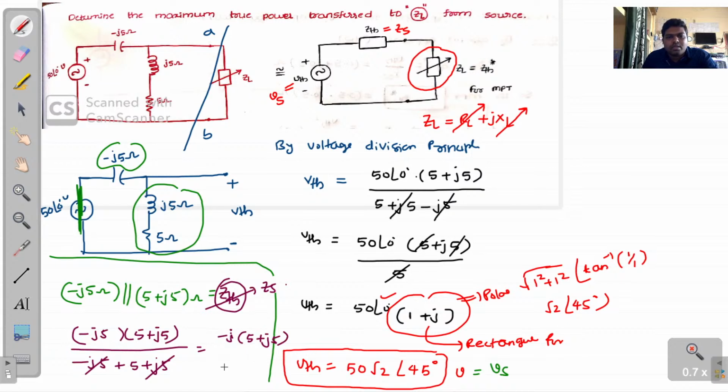Then you will get minus j into j, minus j squared, so that you will get 5 minus j5, otherwise you can write 5 into 1 minus j. Otherwise I will take the next page. So this is what Z Thevenin equals: 5 into 1 minus j ohms.